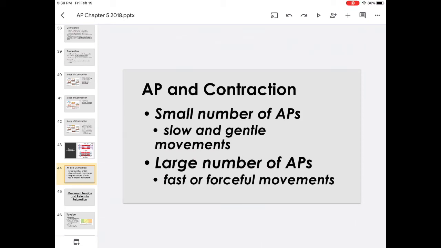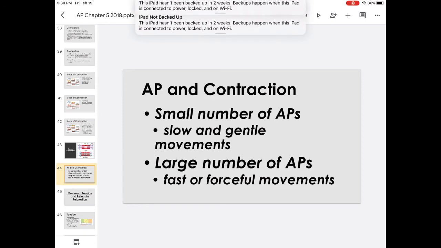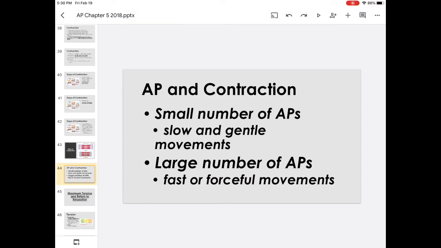All right, action potential and contraction. The neuromuscular system can make slow, gentle movements, or really fast and forceful ones. If you have a small movement, that means you have a small number of action potentials occurring. So you're going to have slow and gentle movements like blinking, petting your dogs, or picking up something.